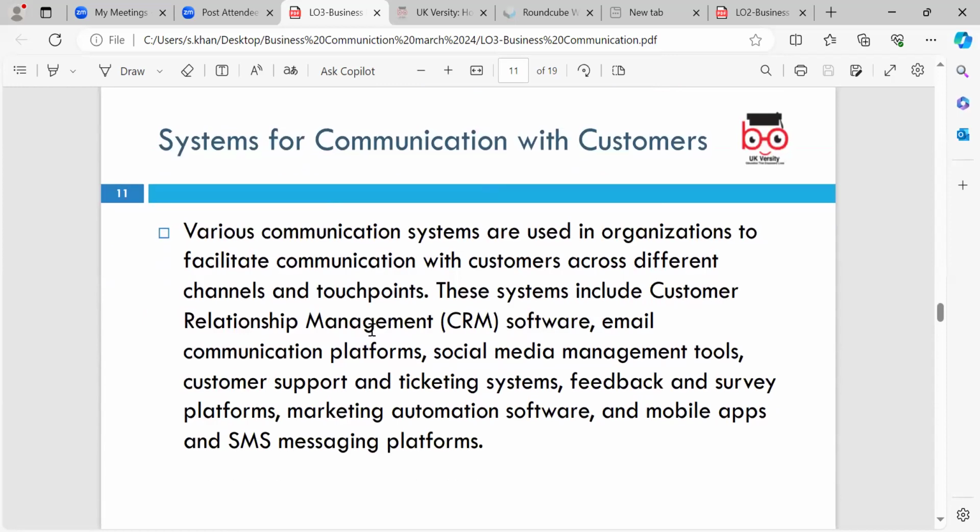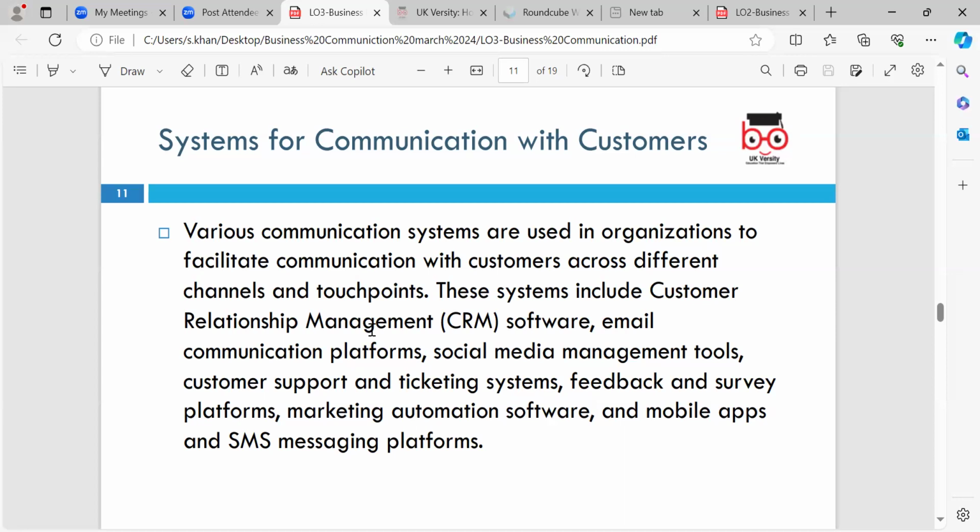Systems for communications with customers. There are various systems that have been put in place that can be used to improve customer engagement, to build that relationship, to develop customer services and things like that. Various communication systems are used in organisations to facilitate communication with customers across different channels and touch points.